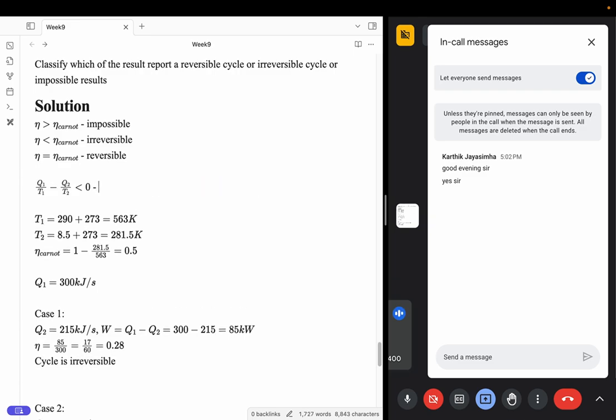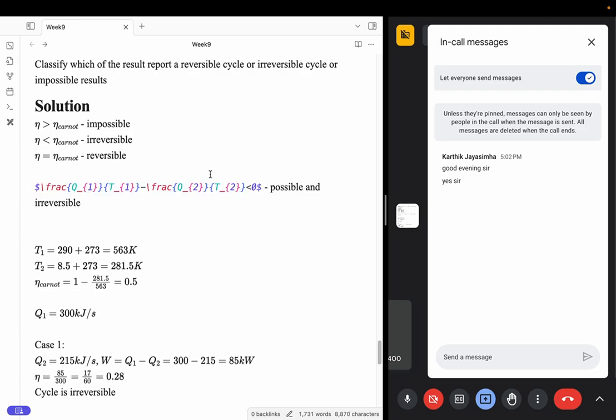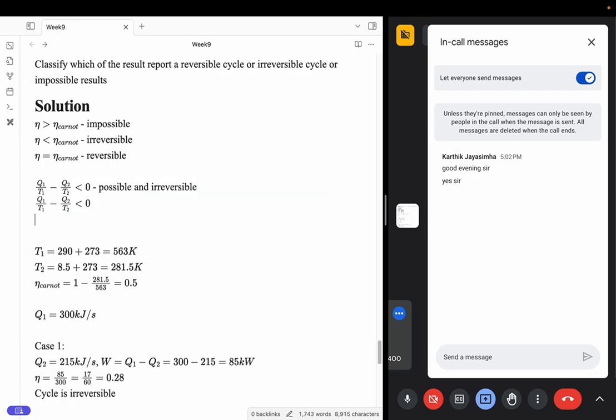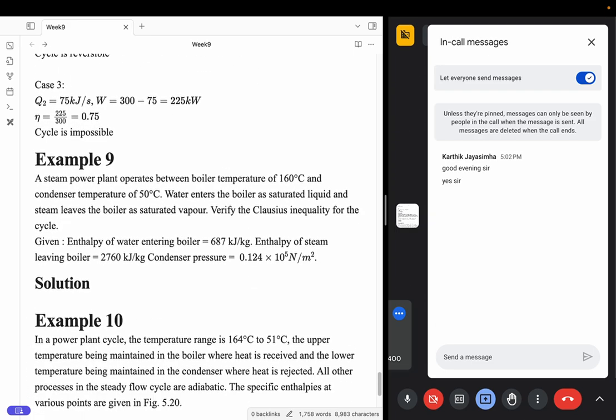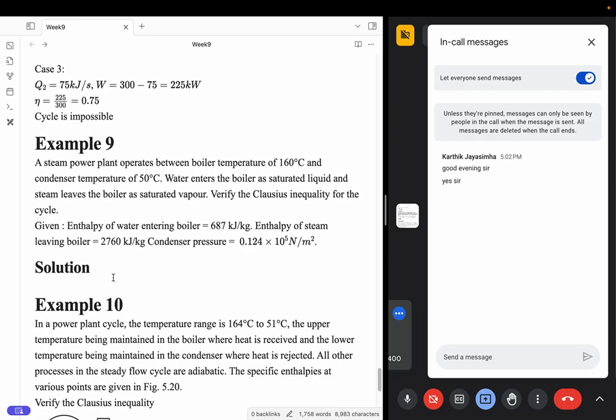If it is less than 0, then it is possible and irreversible. And if it is equal to 0, then it is reversible. And if it is greater than 0, then impossible. Then we can move on to the next problem.